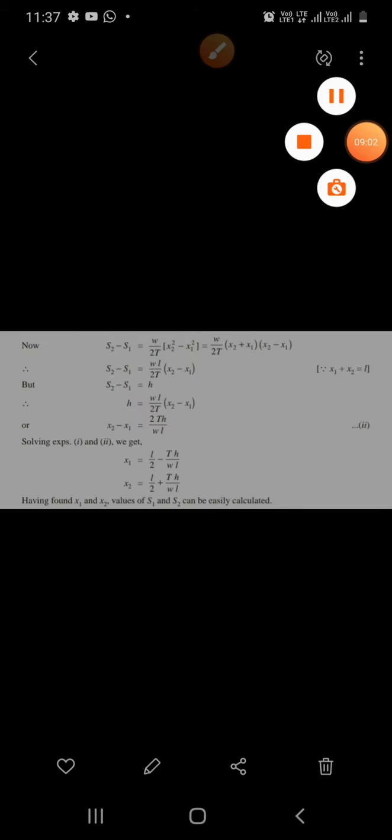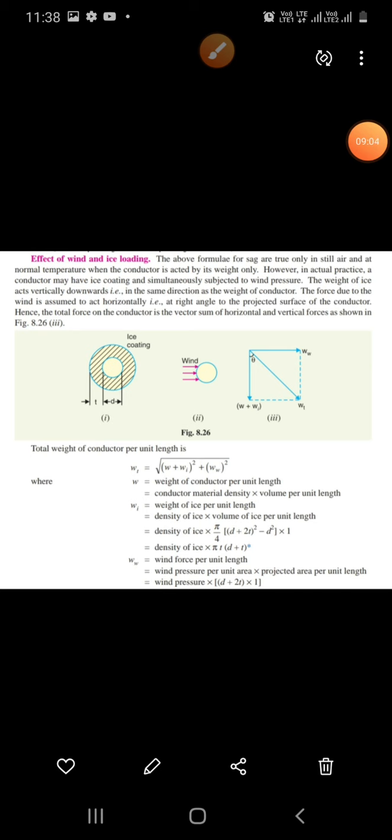Now we come to calculate the sag when the effects of wind and ice loading are present. The formulas for sag discussed previously are true only in still air and at normal temperature, when the conductor is acted upon by its weight only.